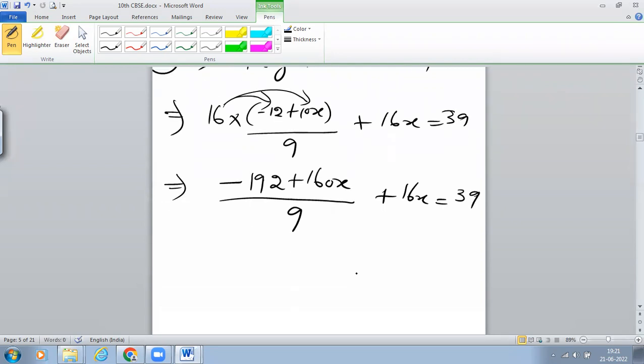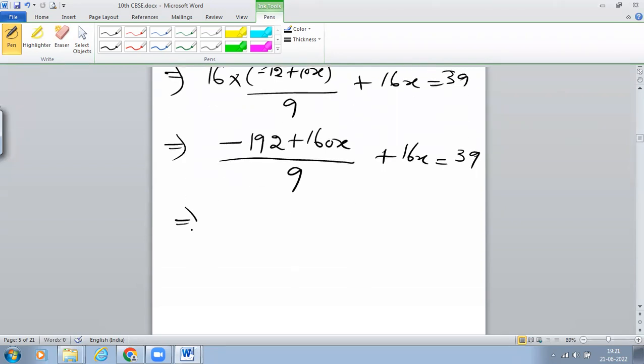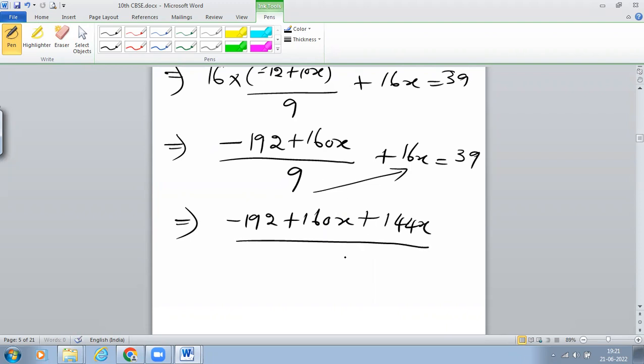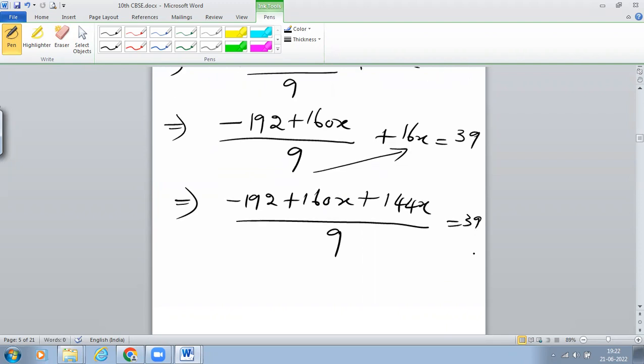Now we have to take the LCM. Multiply this 9 with 16. So what you'll get is minus 192 plus this 160x. Here it is plus sign. So plus 9 into 16x, which is 144x. So 144x, whole divided by 9, which is equal to 39.